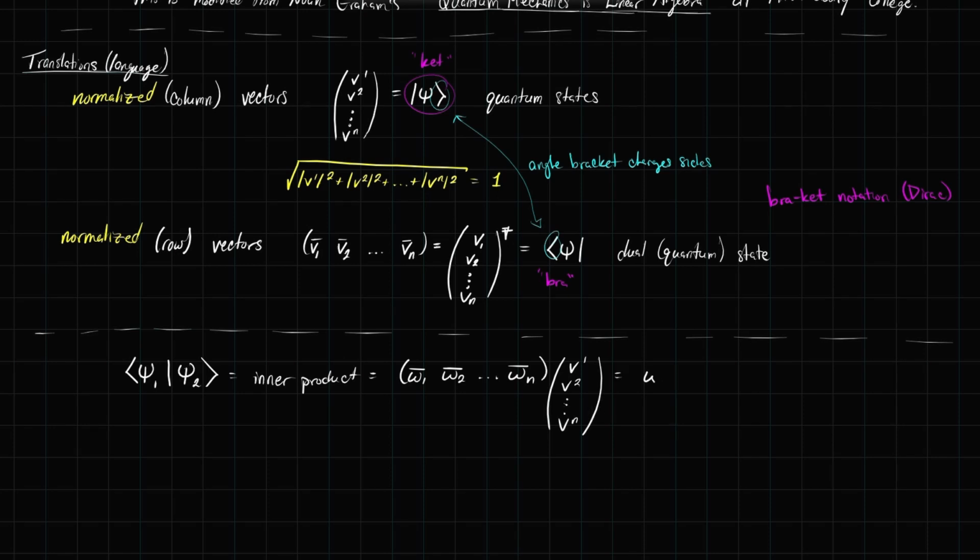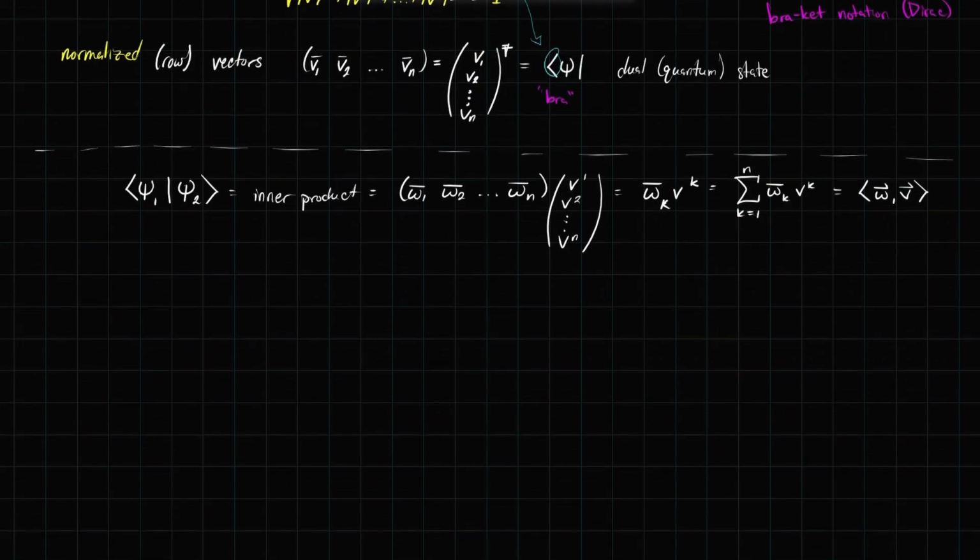And this will be, well, you can use Einstein notation. The physicists put the conjugate on the left side instead of the right side, which is fine, but we can use Einstein notation. Let's go wk v to the k, or in other Einstein cases, w k v to the k. K goes from 1 to n. So these are all the same as our regular inner product, which I would have notated as w vector against v vector. Those are all going to be the same. And it's useful because you just put the bra right next to the ket, and you immediately recover an inner product on the two of them.